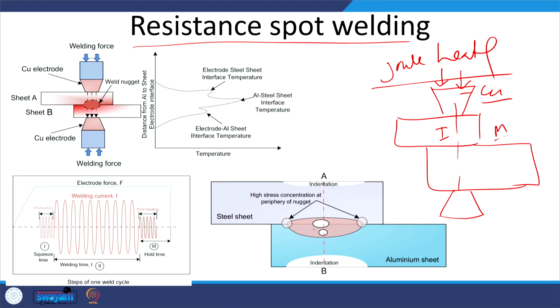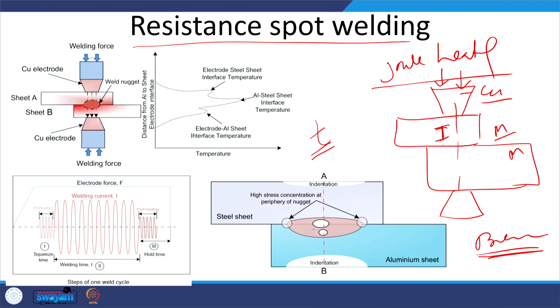So, metal to metal contact between the sheets to be joined is crucial, and that is maintained through the application of pressure. The role of pressure is primarily to ensure the metal to metal contact and also ensure that the solidification of the molten metal, whatever is created at the interface, happens under pressure. Pressure is one thing, the flow of current across the interface is another aspect, and how long current is allowed to flow is the third aspect.